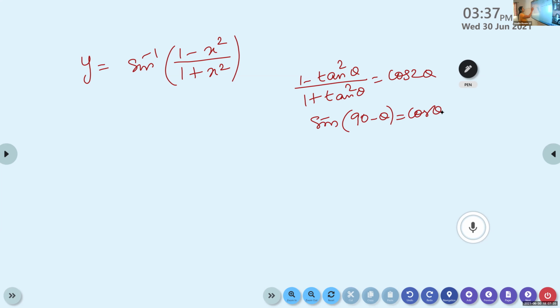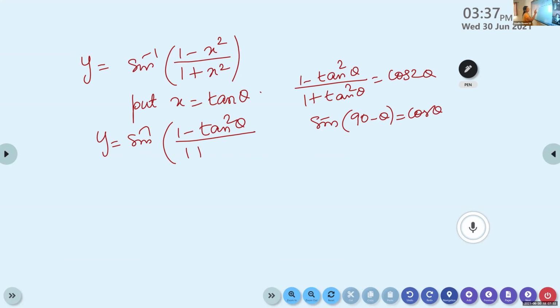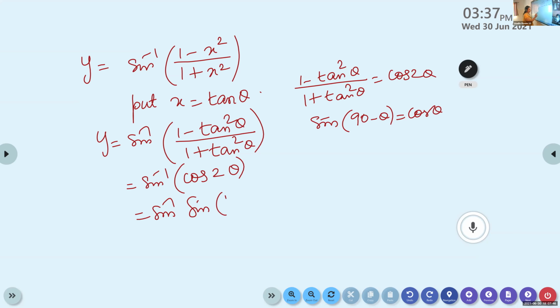Okay, so here we are going to substitute. Put x is equal to tan theta. So we get y of the form sine inverse of 1 minus tan square theta by 1 plus tan square theta. So this is sine inverse of cos 2 theta. But cos, how can we write? It is sine inverse of sine of 90 minus theta.